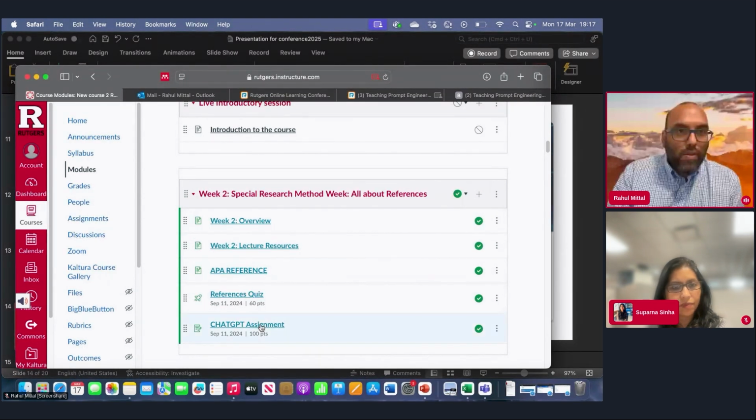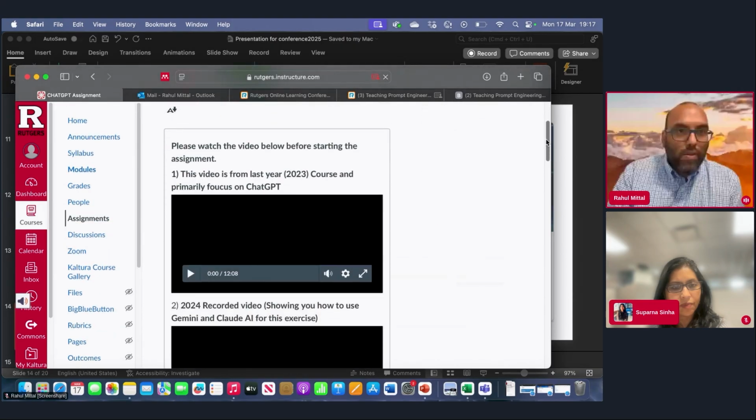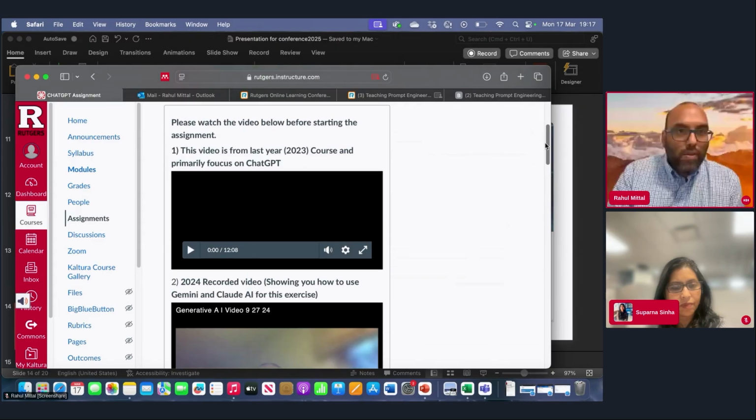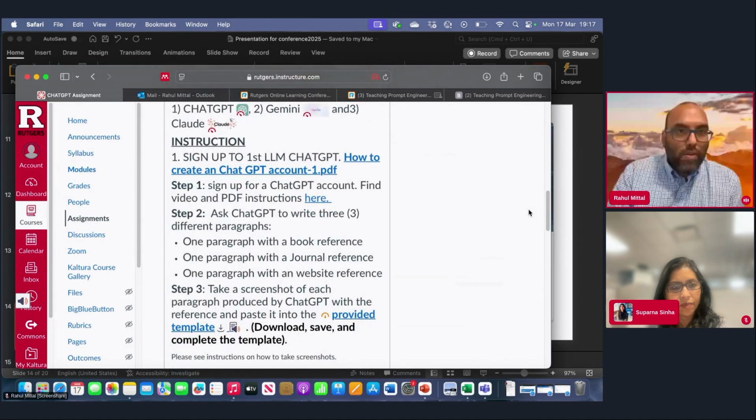So this is an example of a ChatGPT assignment where I was going through how to use ChatGPT, Gemini, and Claude. We then asked them to use the large language model to write different paragraphs, with a book reference, with a journal reference, and a paragraph with a website reference.